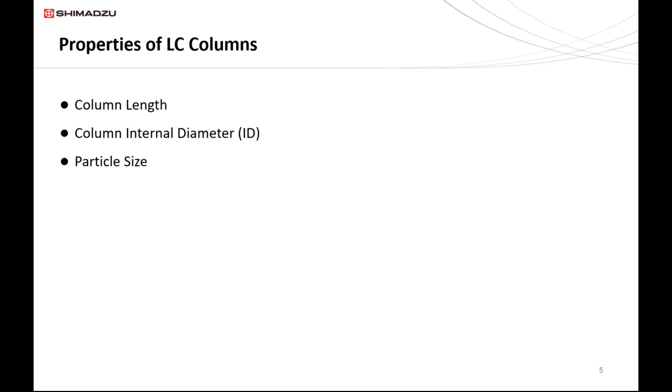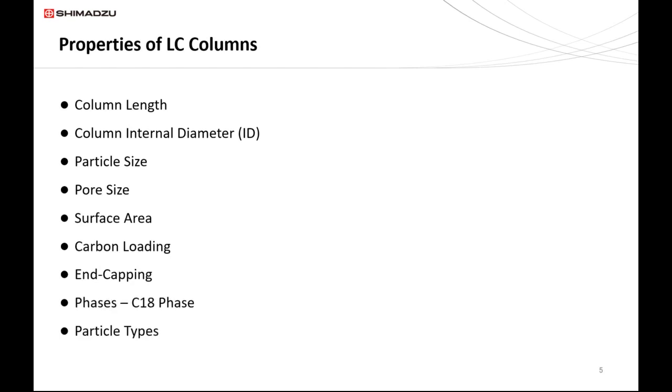Then we will move on to the rest of the properties that are often neglected, including pore size, surface area, carbon loading, and end capping, before coming back to the different C18 phases, and lastly, the particle size, which is equally important, but many of us often do not pay much attention to.